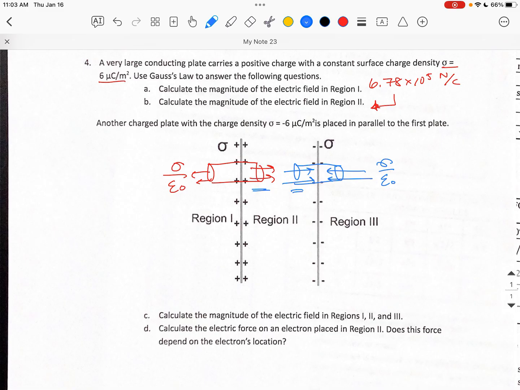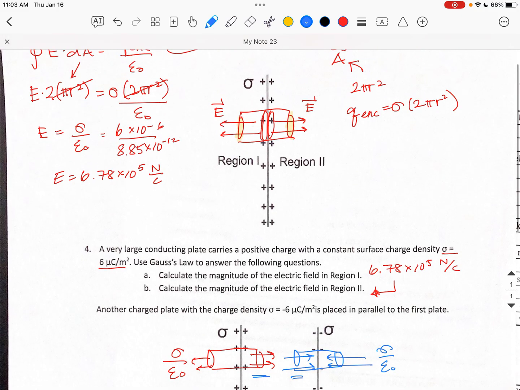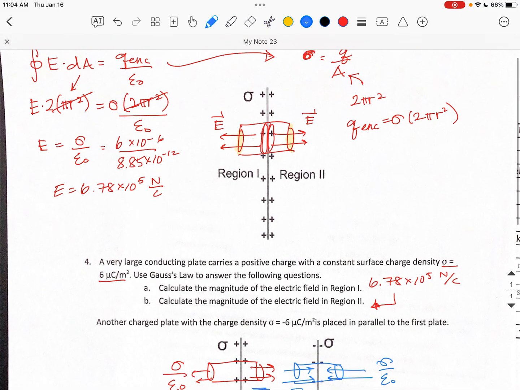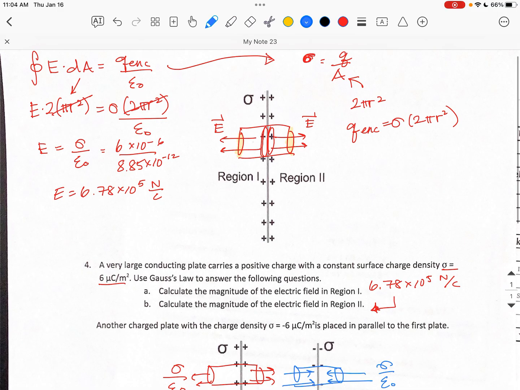Conceptually, I want you to take note that the electric field of a plate gives us a constant value. For all of the other charged objects, distance was a factor, and the electric field either decreased when it was further away by an inverse square factor, or by an inverse proportion.